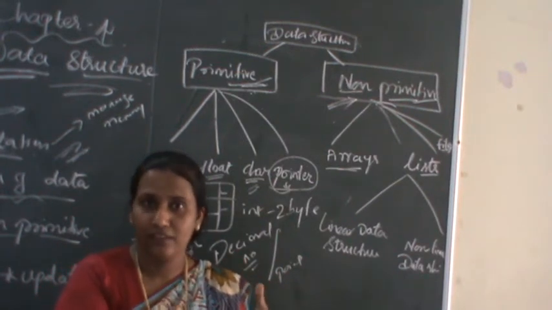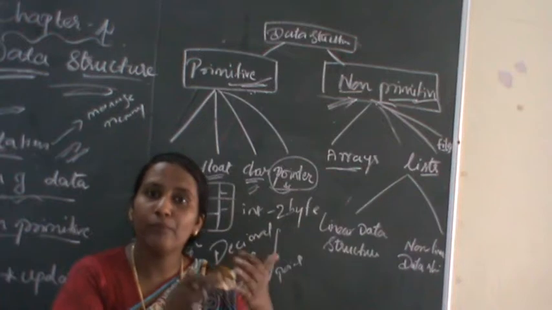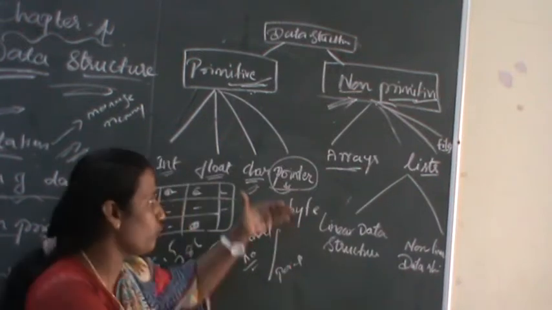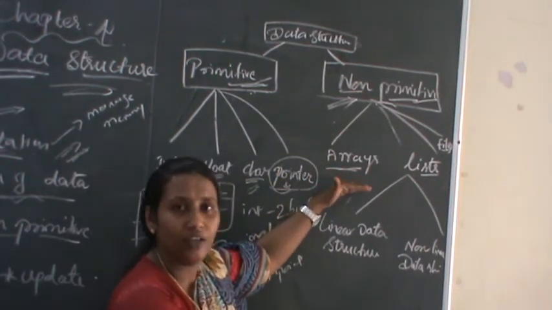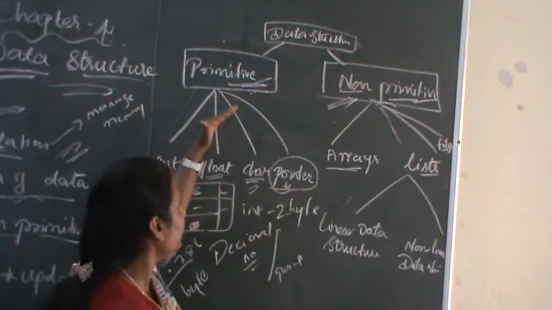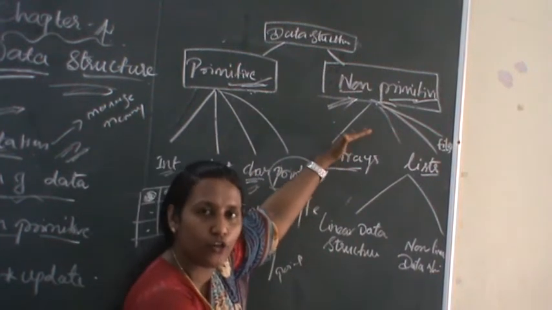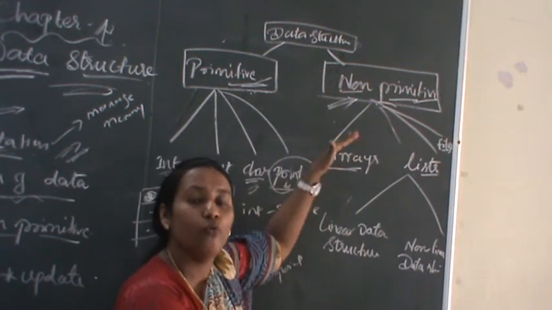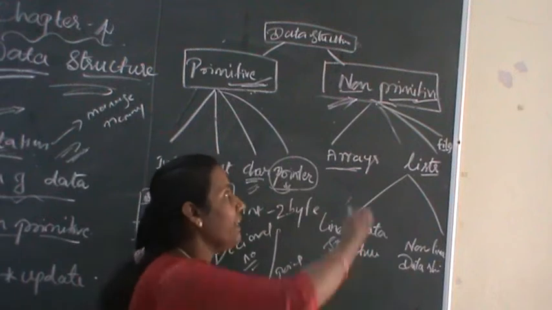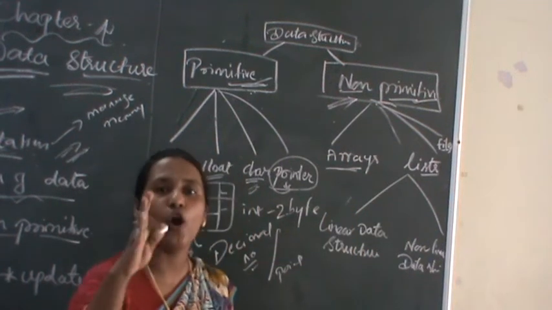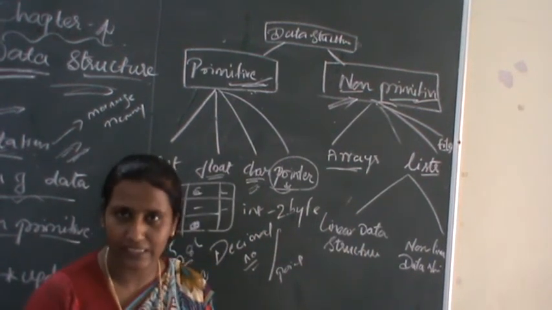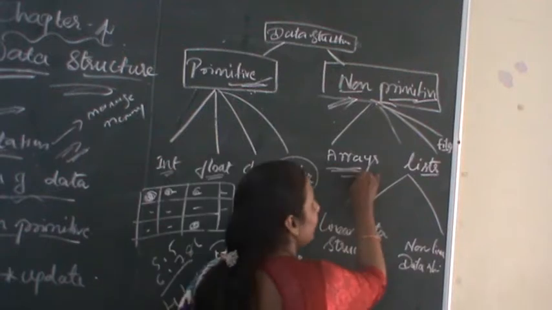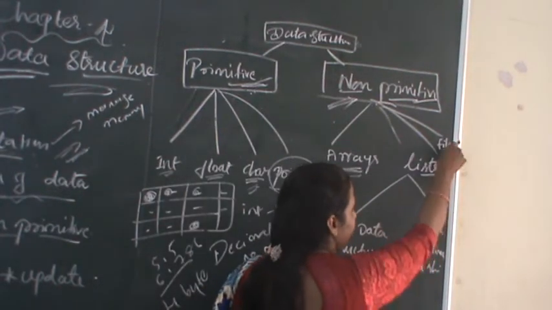The arrangement indicates what type of structure it is. Likewise, data structures are divided into primitive and non-primitive. Non-primitive data structures are very complex and are not directly operated by the machine. These are lists, arrays and files.